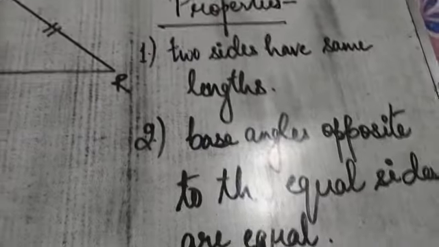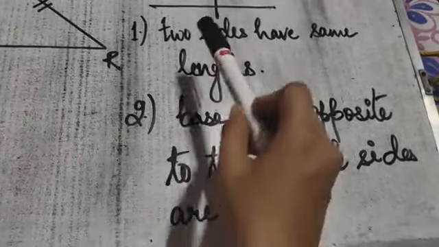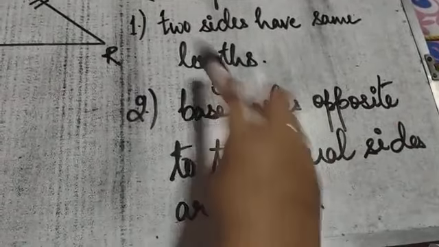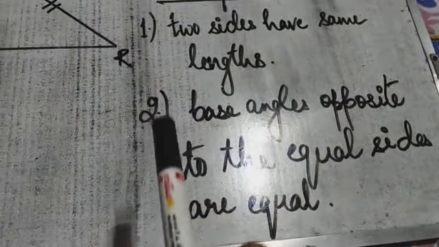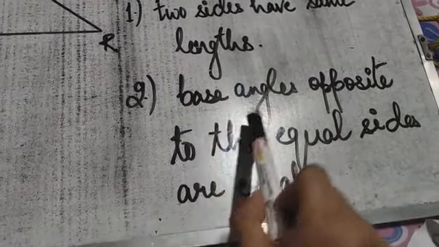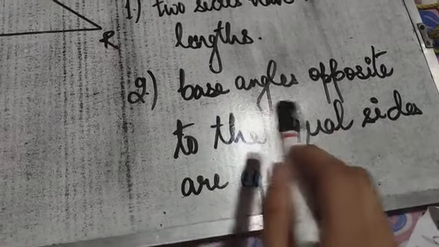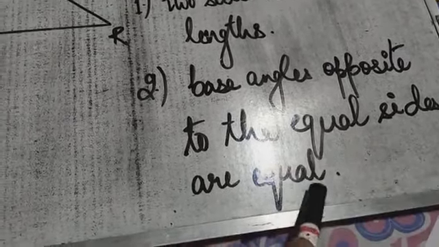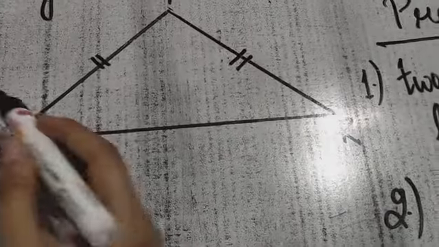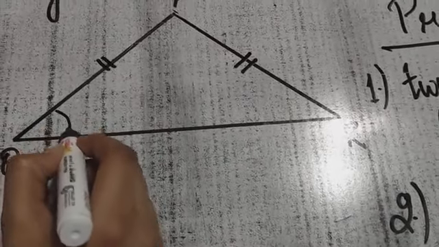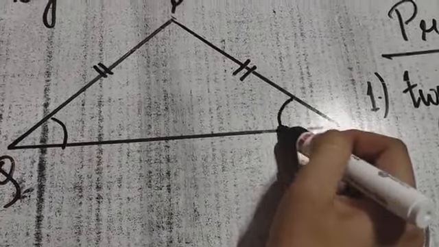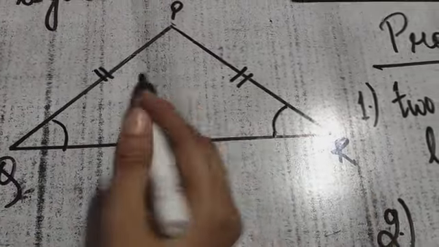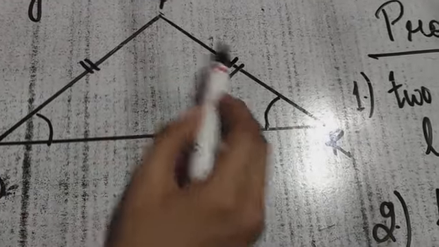Now going to the properties of this triangle: two sides have the same length. This we have studied in the definition. The second property is base angles opposite to the equal sides are equal. Base angles means angles on the base. Can you see these two angles? These are on the base and these are opposite to the equal sides.